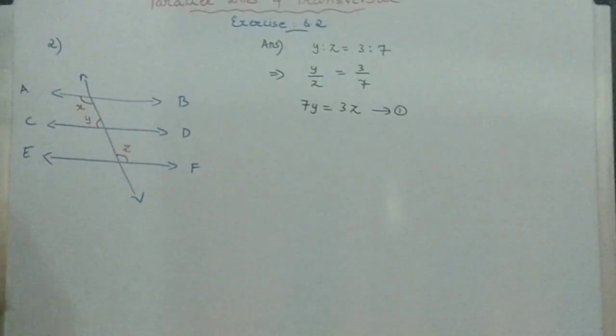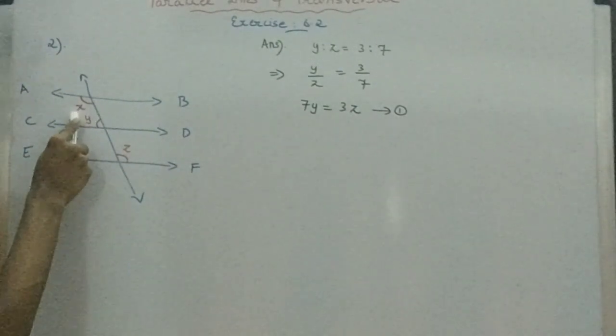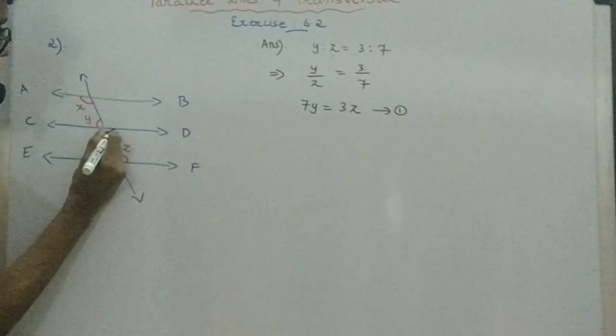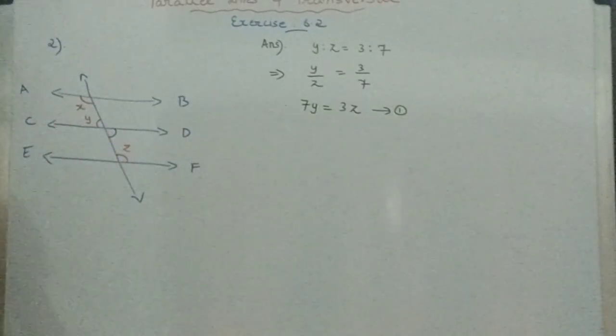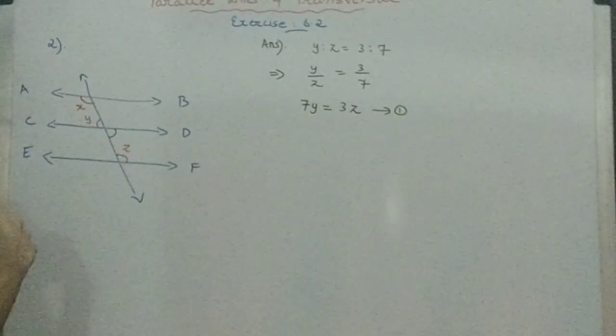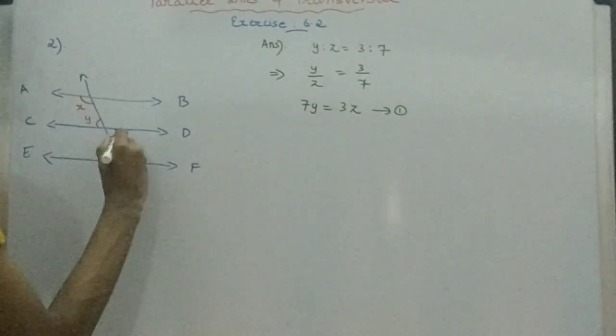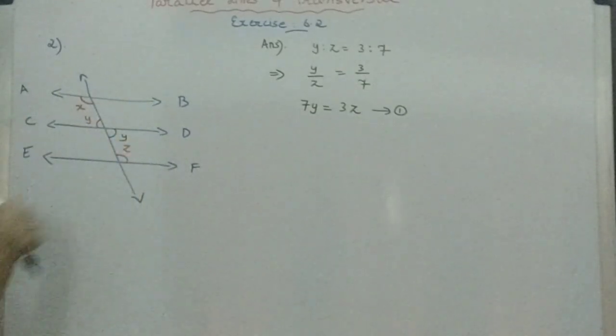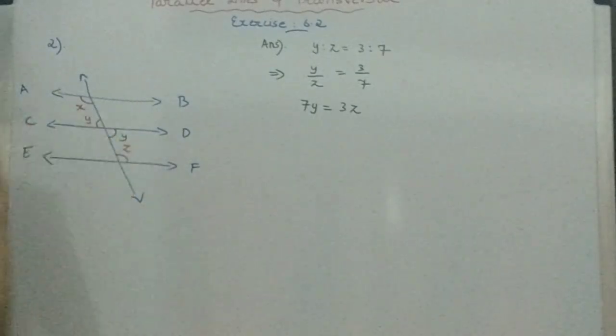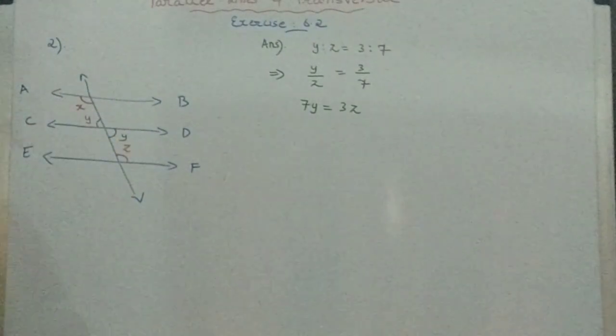Now just look into the figure. If you see this angle y and this angle which I have marked over here, aren't they vertically opposite angles? Yes, so I can say that this angle also will be equal to y. So this and this are vertically opposite angles to each other.